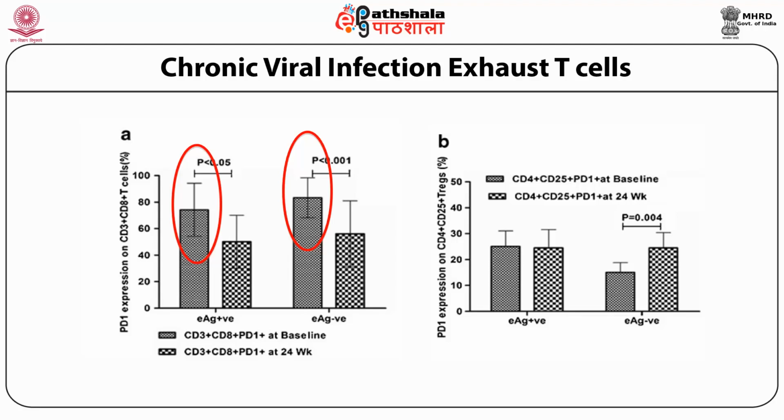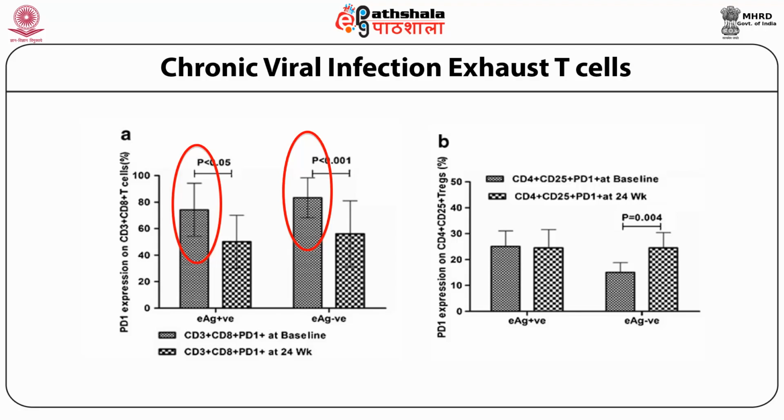In the same way, we have seen in the other picture the E antigen positive and E antigen negative patients, where the regulatory T cells have PD1 expression. At baseline the E antigen negative patient had less, but in the regulatory T cells it becomes more. It means PD1 expression on regulatory T cells increases, so regulatory T cells will be lost after the treatment, and the immune system will be in a balanced situation again.